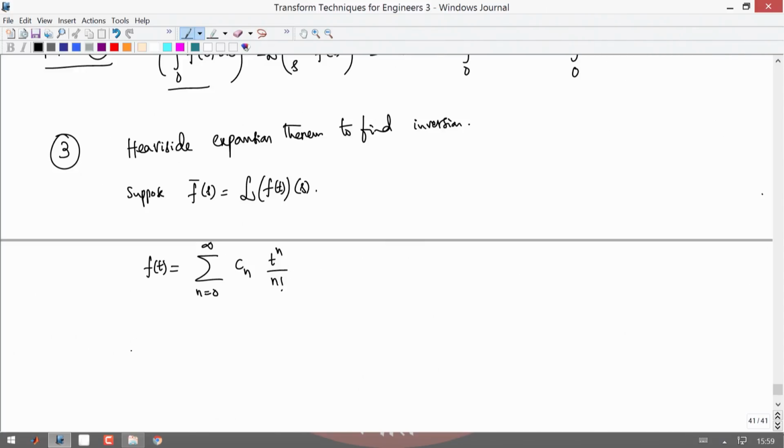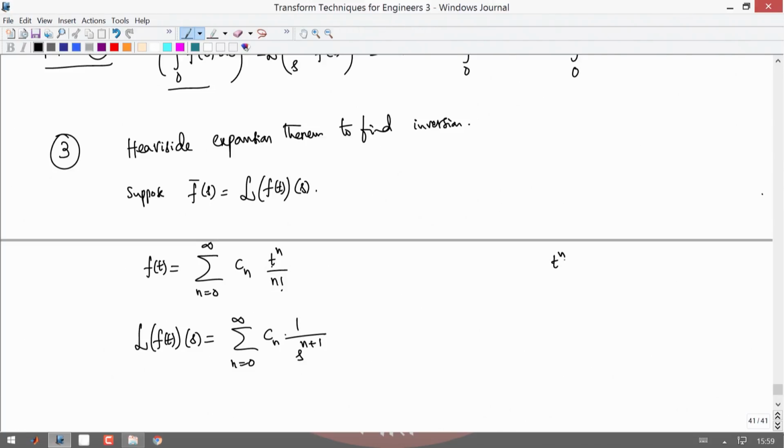What is its Laplace transform? If I find the Laplace transform of this f of t as a function of s, then you can see that this is going to be the sum for n from 0 to infinity of Cn times, because you know the Laplace transform of t power n is n factorial divided by s power n plus 1.